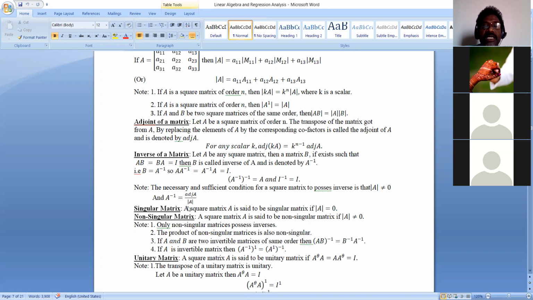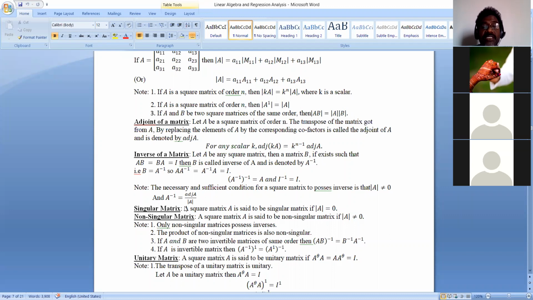The value of that matrix is called the determinant of the matrix, or otherwise, multiplying one row with the corresponding cofactors and summing all those values, we get the determinant of A. So A inverse equals adjoint A by determinant of A. This is the basic formula for finding A inverse.